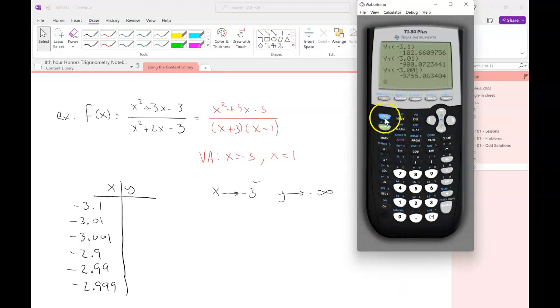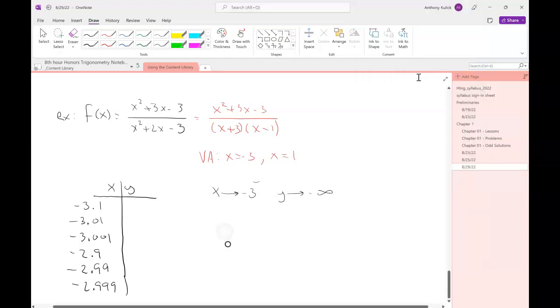Now let's look at what's happening from the right side. So here we got positive 92. Positive 969, positive 9,700. What do we notice is going on? Getting bigger and bigger and bigger, right?